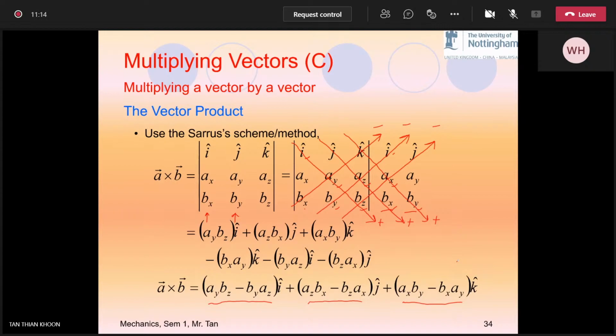Can anyone understand today's method? Yes, sir. Okay, good. So, do you think the earlier one or this one is easier? Definitely this one, this is easier.